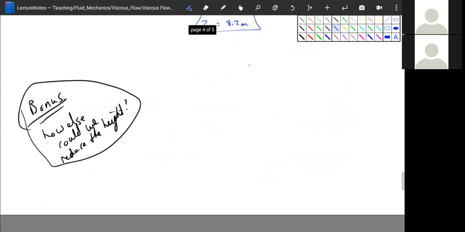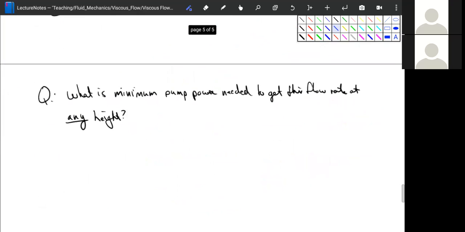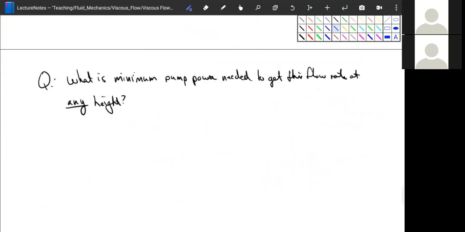Excellent. Then one last question is, what is the minimum pump power needed to get this flow rate at any height? So it doesn't matter what height the tank is, we want to solve for that.